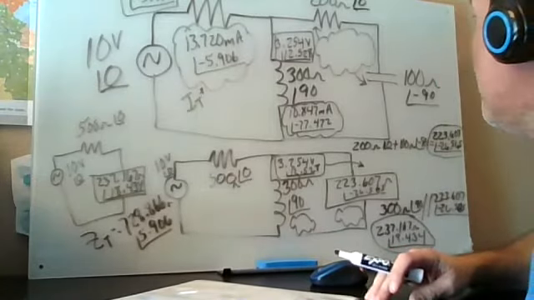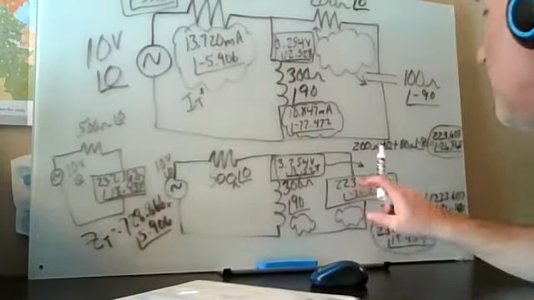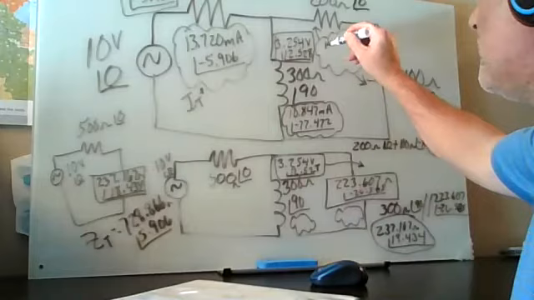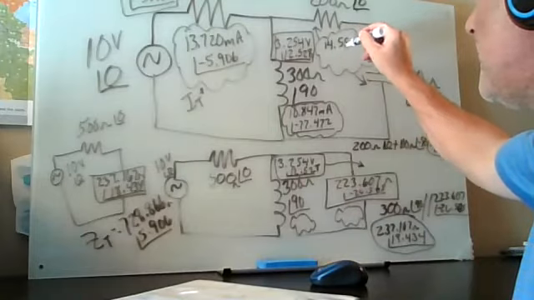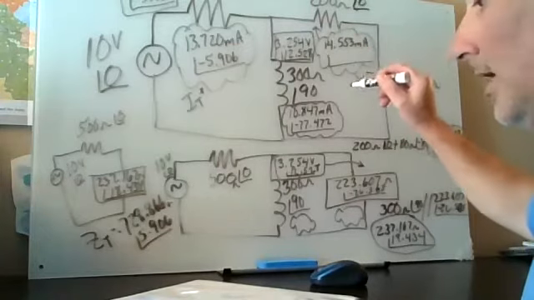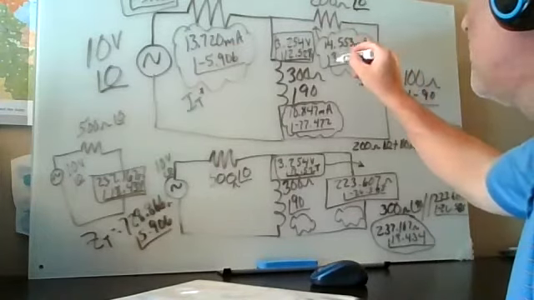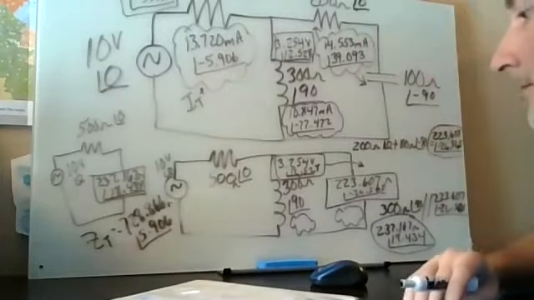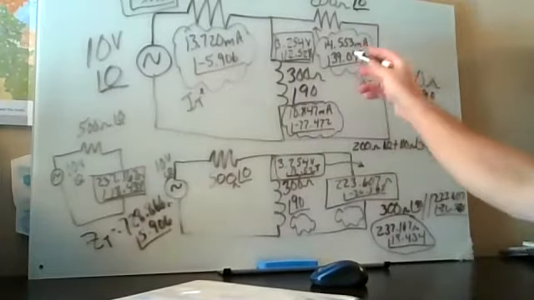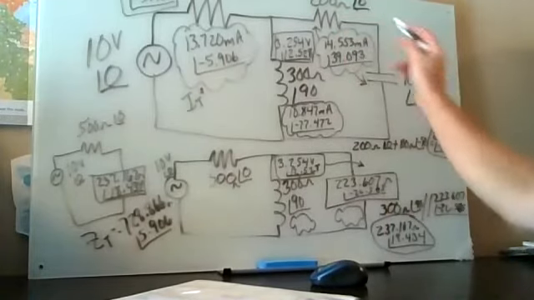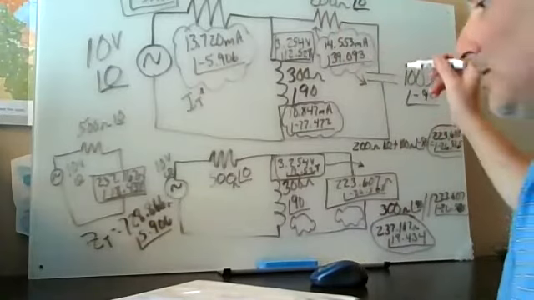Not quite as difficult. We'll start out easy. When I get the current here, that's going to come back here. Came out to 14.553 milliamps at an angle of 39.093. Then I can use this current, multiply it by both of my Z's to get my voltage drops.